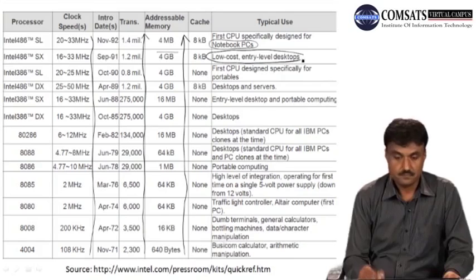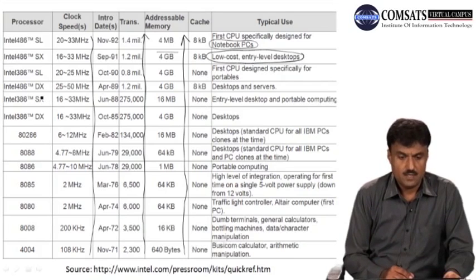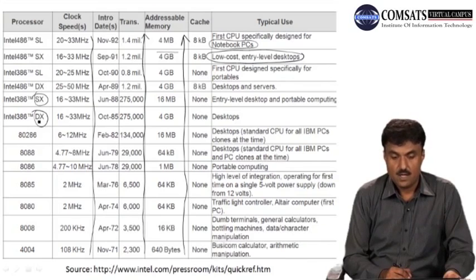The Intel 486SX was designed for low cost desktops. Similarly, there are a few terms we will discuss here: one is DX and the other is SX. SX is single word external and DX is double word external. We discussed that a single word is 16-bit and a double word is 32-bit.